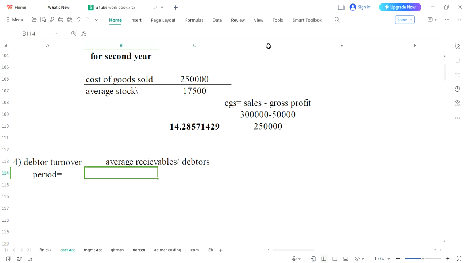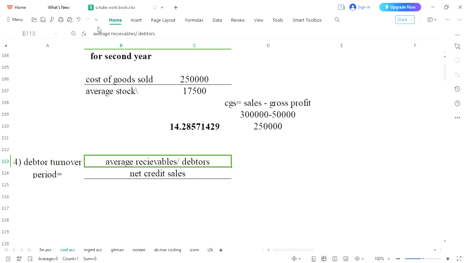I'm going to divide it by net credit sales, and let me put a divisor line over here. Look, sometimes you will feel that arrangements are more important, so you need to spend some time on arrangements as well.